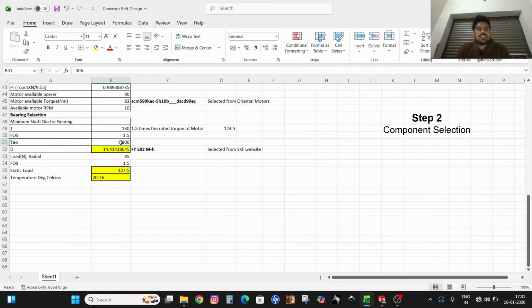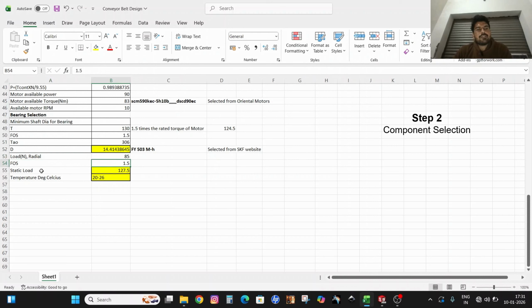If we put it in the formula 16T upon pi d cubed, we get the diameter value of 14.414, which after approximation comes out to be 15 mm.